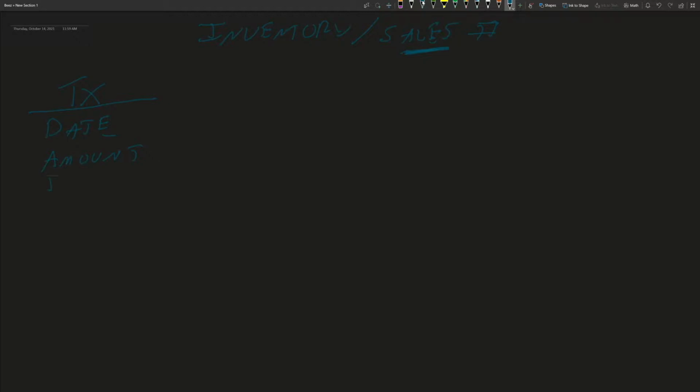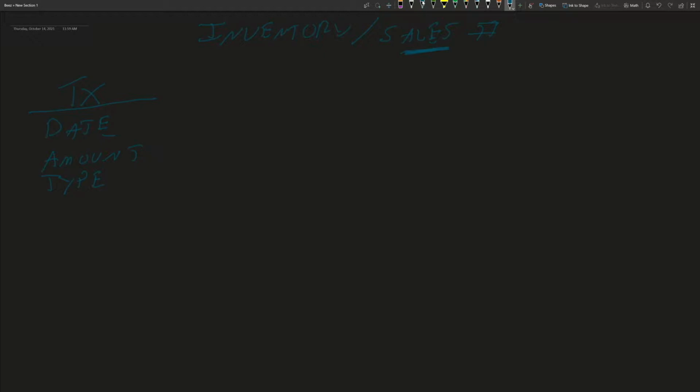It might have a transaction type, for example a cash or a credit card transaction, something like that. Those are the key things that I'm probably interested in. This information will allow me to look at a particular week, month, or year, figure out how much I'm making, and so forth.